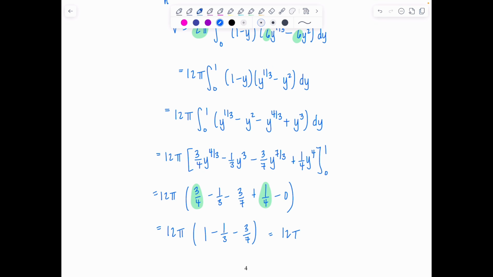So 12 pi times 5 over 21. And then those I can reduce, divide by 3, 4, 7. So then this is, yes, 20 pi over 7. Voila. Very good.